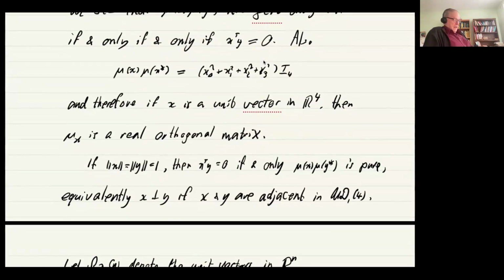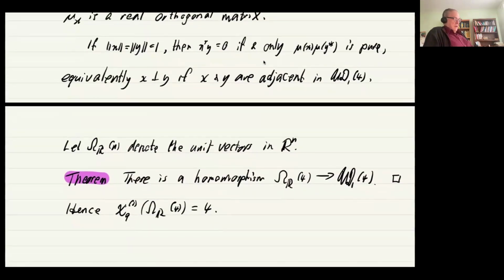To summarize, if we use omega sub r to denote the unit vectors in R^n, then we've established there's a homomorphism from omega R4 to the unitary derangements graph of 4. Adjacency here is orthogonality, and adjacency there is that x y star is pure, the diagonal is 0. And so that then implies that the rank 1 chromatic number of omega R4 is 4.